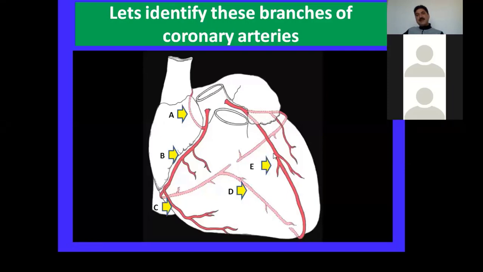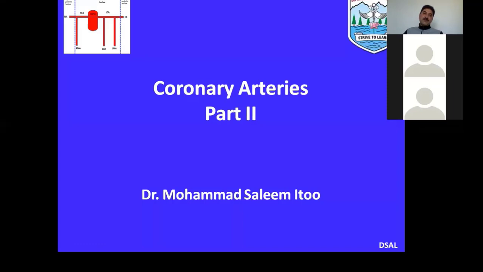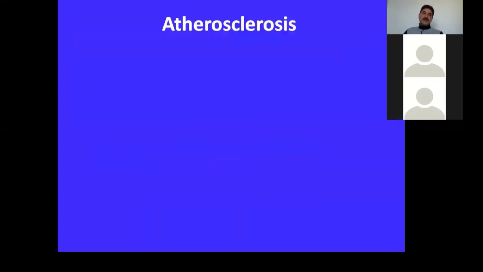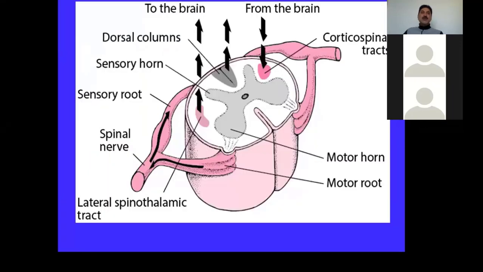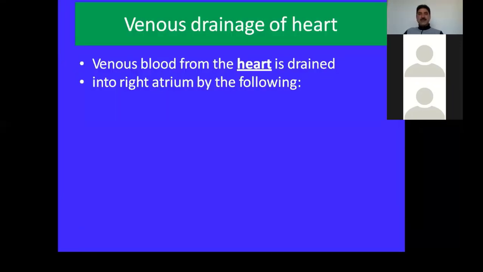E is left anterior descending. F is circumflex branch. Okay. I would like to summarize; we'll go to the venous drainage of the heart.